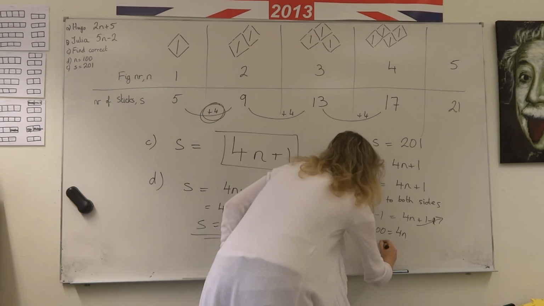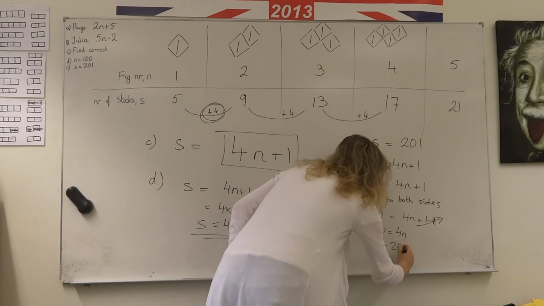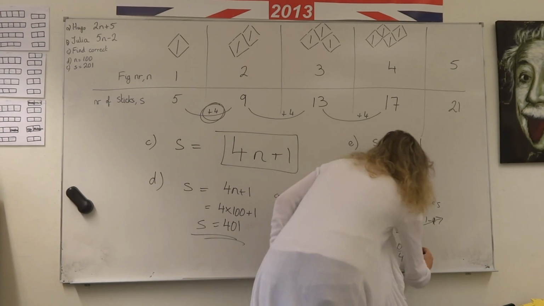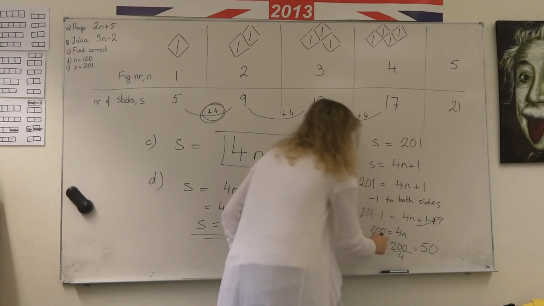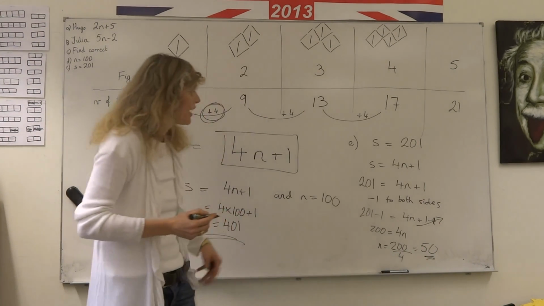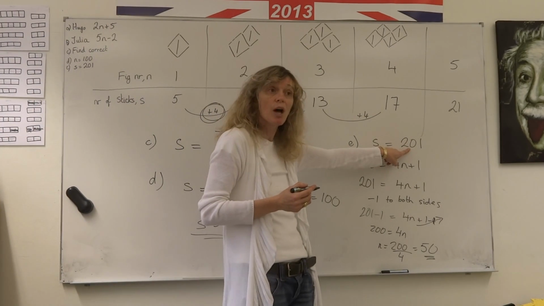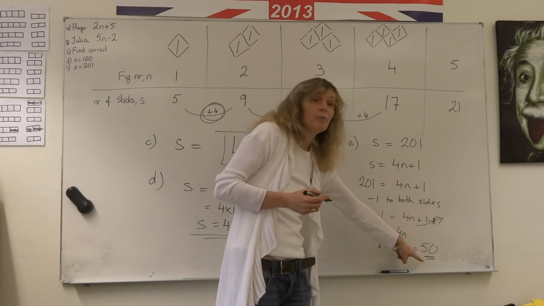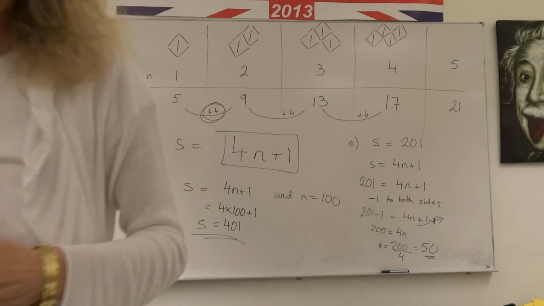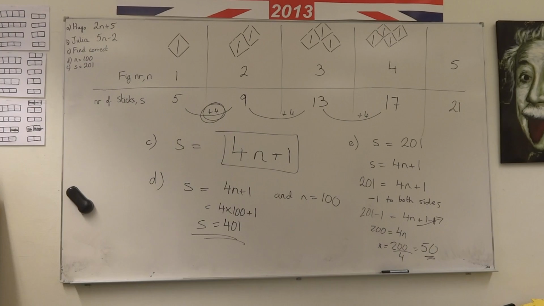So 1 lot of n will be 200 divided by 4, which will give us 50. 4s into 20 go 5 times, and then the 0. So the figure number that will have exactly 201 matchsticks will be figure number 50. So this is the way that you approach this type of sequence series ones.